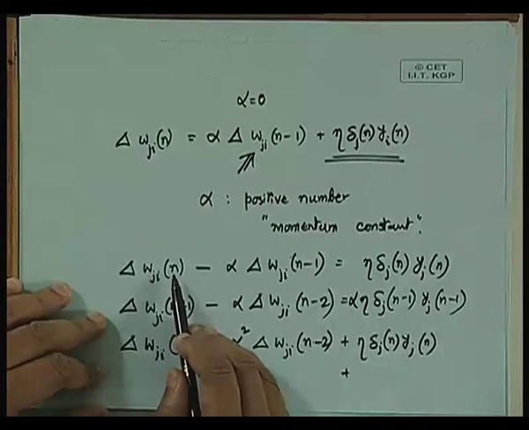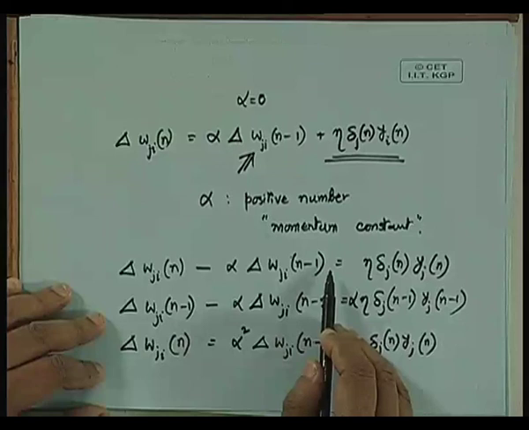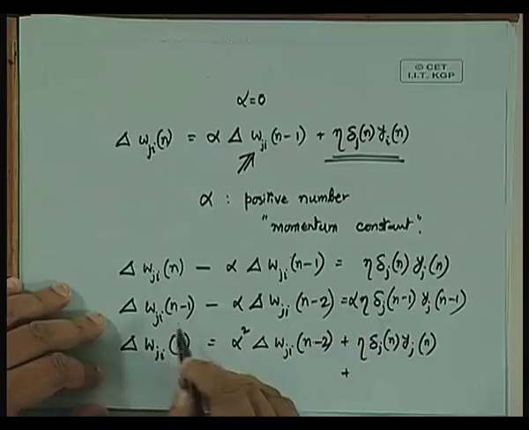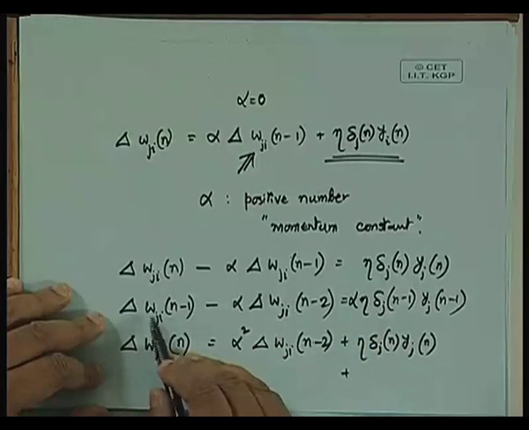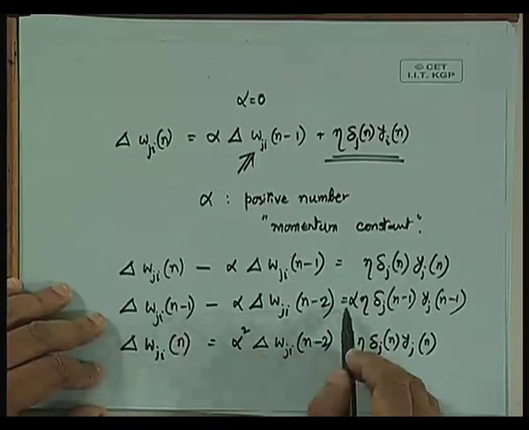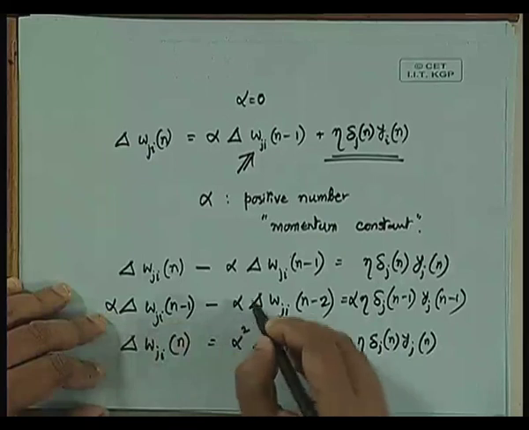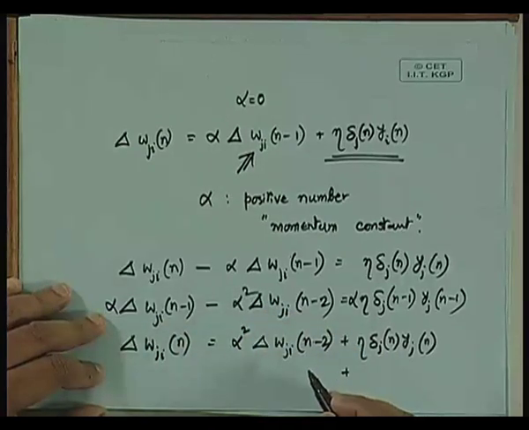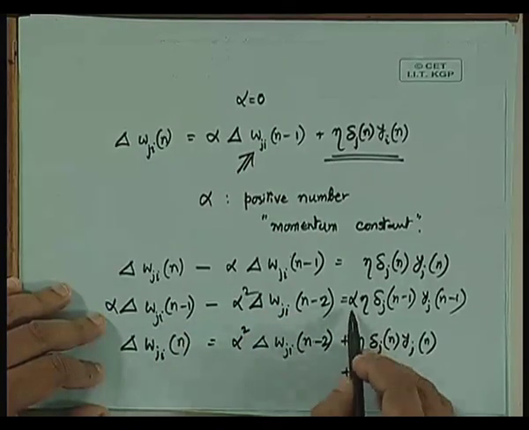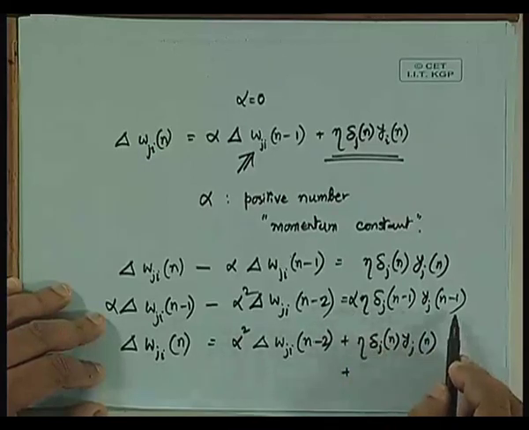So, this is the difference equation involving n and n minus 1. Likewise, I can have a difference equation involving n minus 1 and n minus 2. Which is going to be what? Alpha times this minus alpha squared times this is equal to alpha times this.